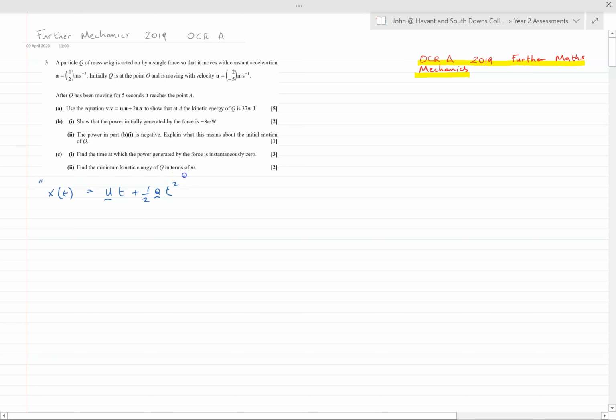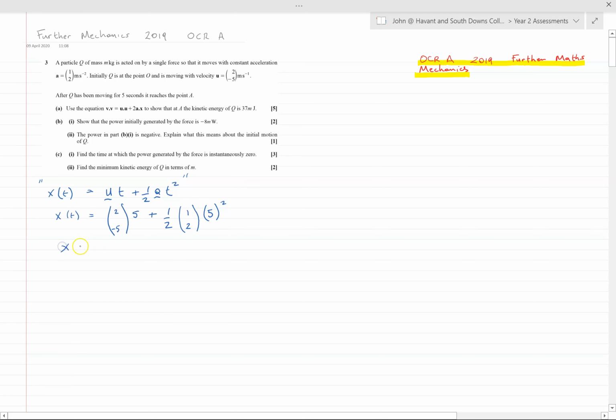So that gives us x(t) is equal to u, which is (2, -5), times t, which is 5 seconds, plus a half times the acceleration (1, 2), times t squared, so that's 5 squared.